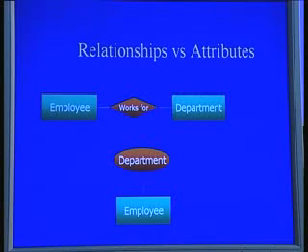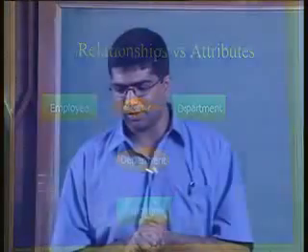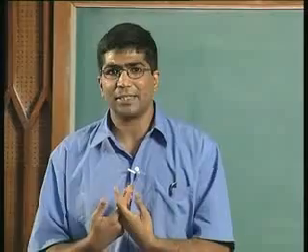So which is correct? Is department an attribute of employee? That is, does the department in which an employee works describe the characteristics of an employee, or is it that departments and employees have separate existences or separate entities, and there is a relationship type between them?